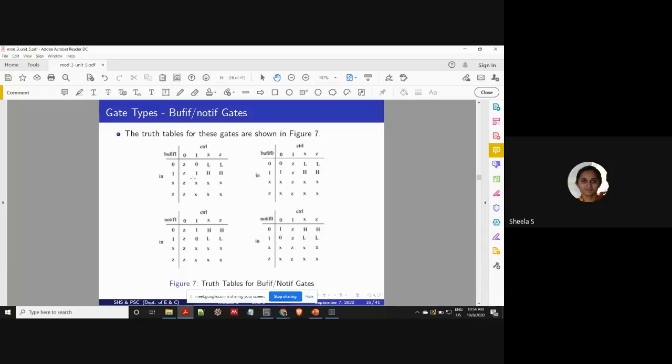And if the control value is unknown, then here you can see L. If the input is 0, it indicates L. If the input is 1, it will indicate H. What this represents is, this is not actually 0. This represents weak low. We know about signal strength: when we get a signal from the supply, the strength will be maximum.